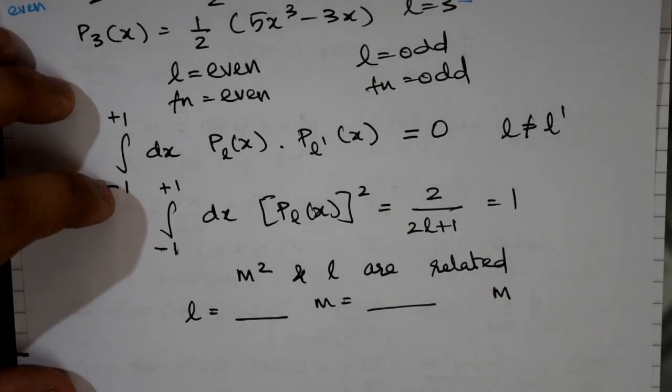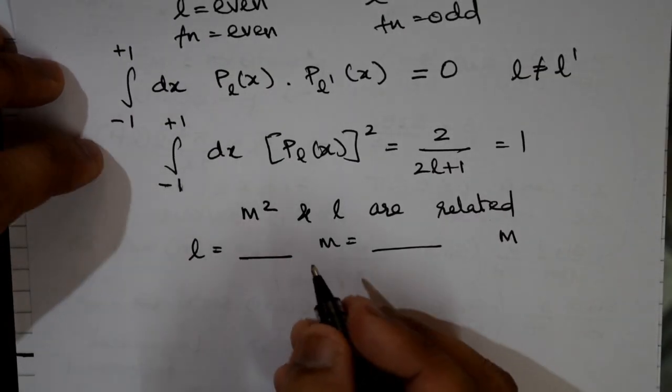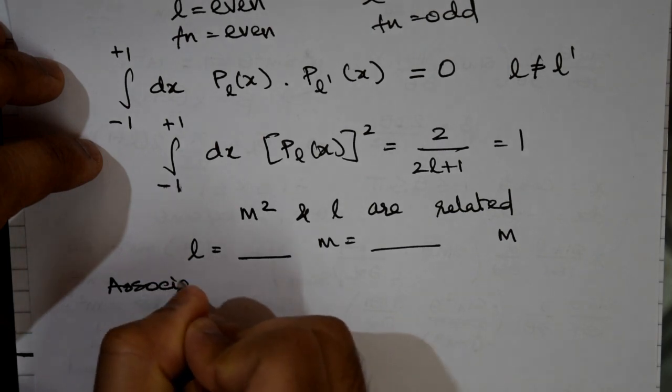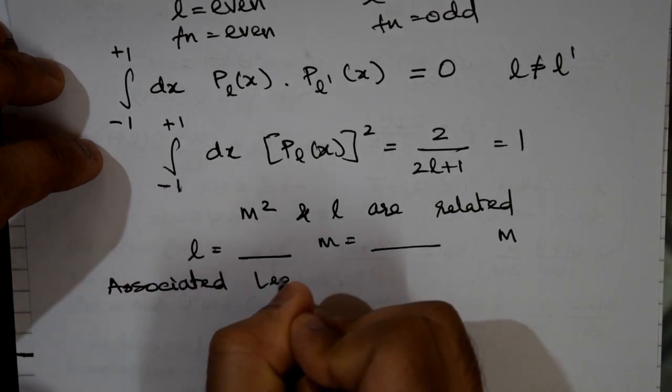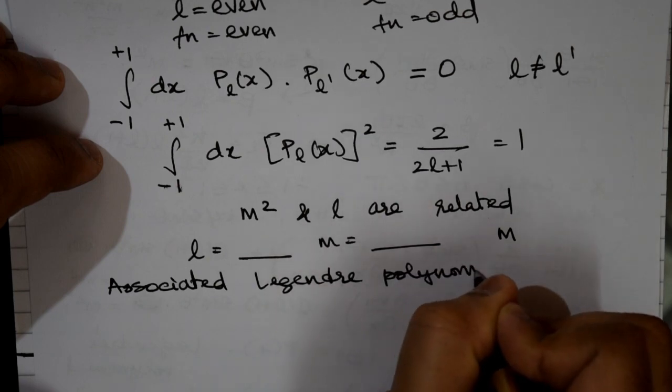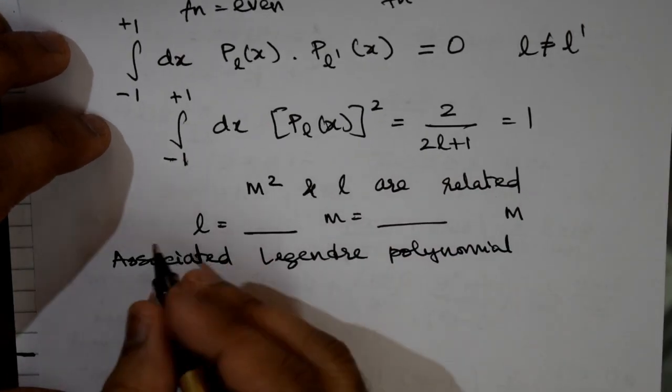So this can be deduced from the Legendre polynomials, as these are called associated Legendre polynomials. So how do we get them? We would be able to get them.